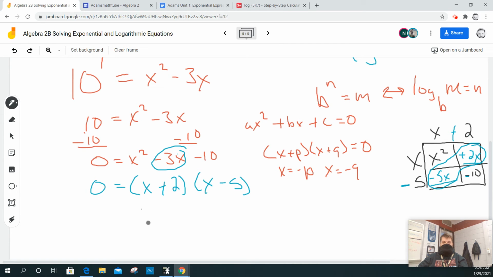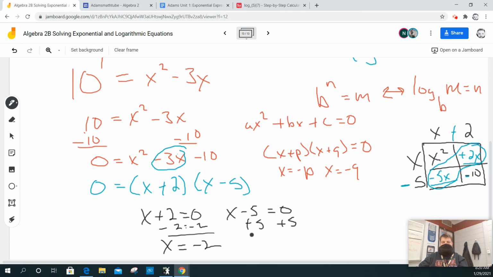To solve this, I'm going to say x plus 2 equals 0, and x minus 5 equals 0. If I subtract 2 on both sides here, I get x equals negative 2. And then if I add 5 to both sides here, I get x equals positive 5. Now, I've got a positive and a negative number for x.